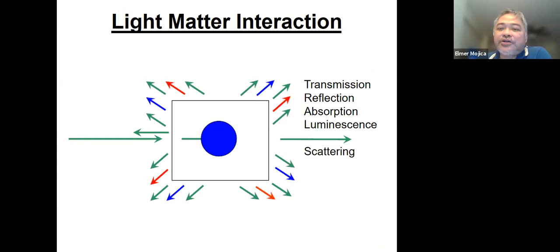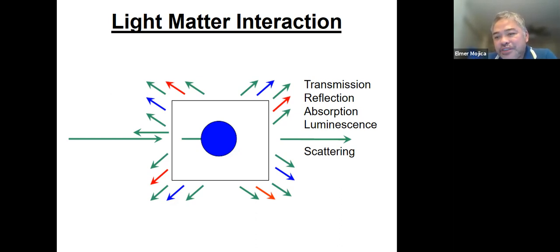The idea to make it more into a quantitative analysis is to put some measurable units in it, because spectroscopy itself is just the interaction of light with matter.